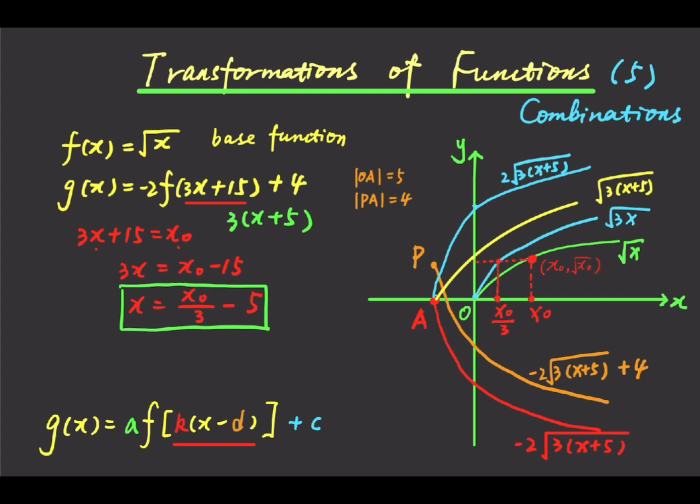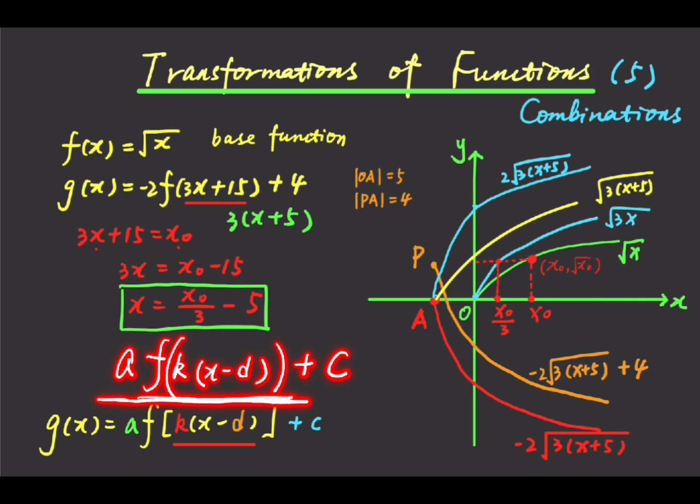You must be careful: here, 3 should not be just the coefficient of x. It should be the coefficient of the bracket, x minus d. Outside of the bracket, k should be the coefficient of x minus d, not just of x. Then outside of the function, the coefficient should be a. On the basis of this expression plus C, we can get the transformed function.